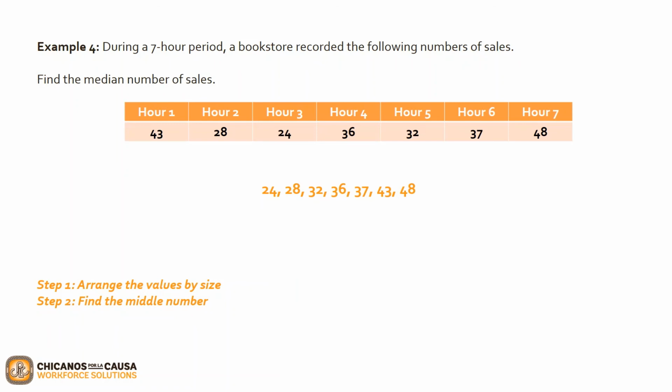Given that there are 7, we know there will be 3 on one half and 3 on the other half, meaning the number literally in the middle of this data is 36. This 36 is the median of this entire data set, and therefore our final answer.